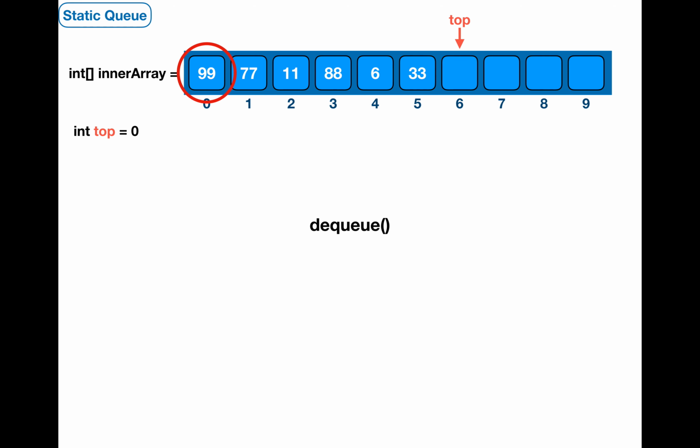But in this case, we don't have that index, and we don't have a reference to where that spot is. And we could say, well, let's just do 0. Well, yeah, you could do 0, but then the next time you want to dequeue, 77 should get dequeued. And how are you going to know that you should be at 1, or 0, or 2? So instead, we're going to use 2 variables. One's going to be called front, and the other one's going to be called back.